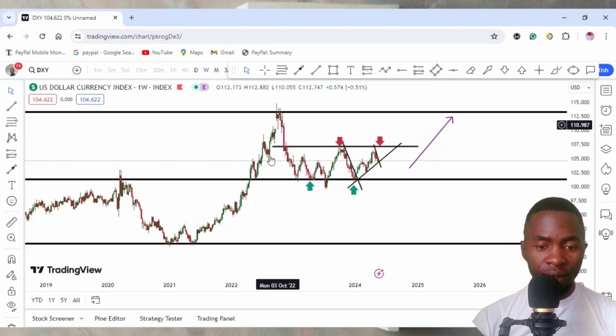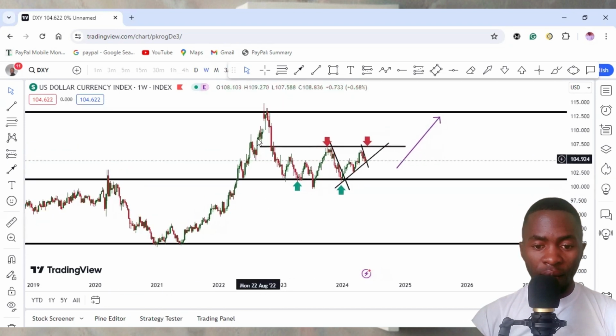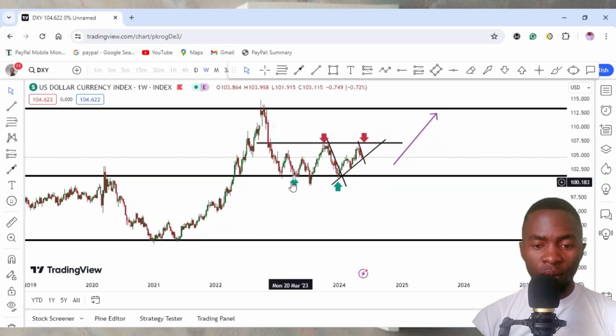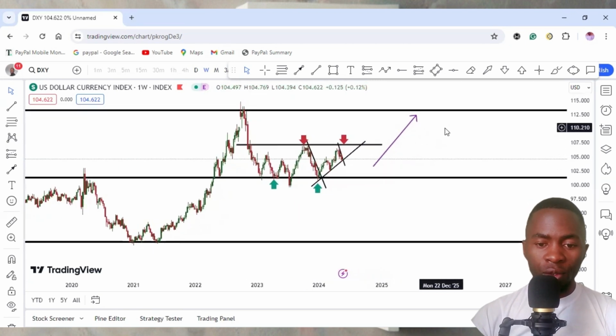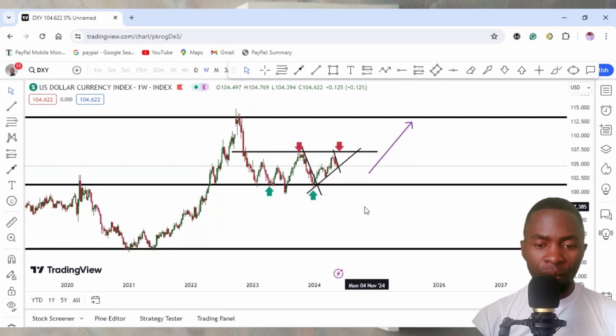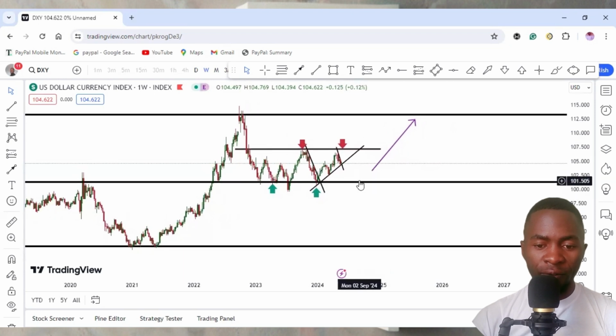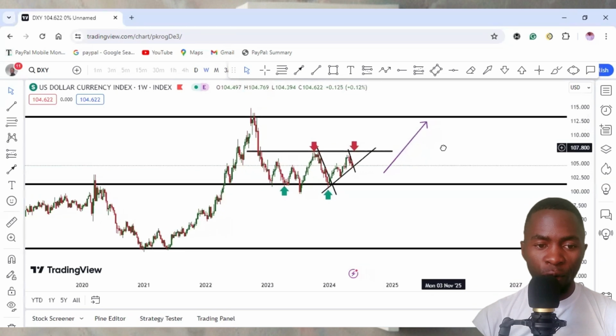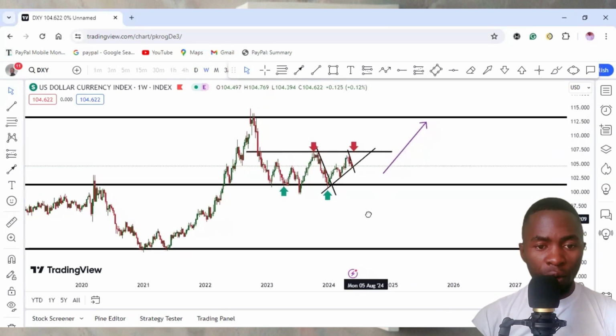The market broke the resistance, then retested back to resistance to form a support, and the market has been bouncing more than 4 times at this area. So this shows us that the market respected this level. That's why now we are expecting more bullish on weekly.